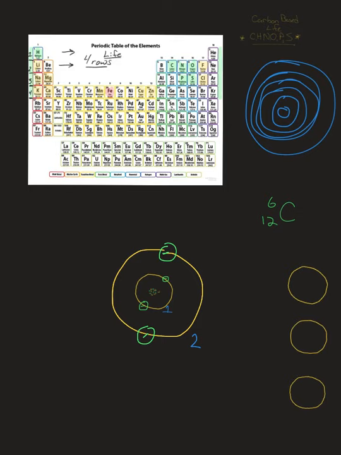So from the second shell all the way forward, from shell 2 to shell 3, 4, 5, 6, 7, from then on, all the shells can hold 8 electrons. Only the first shell has that limit of 2. The valence shell is called the outer shell, and generally how many electrons fit into it is the number 8.